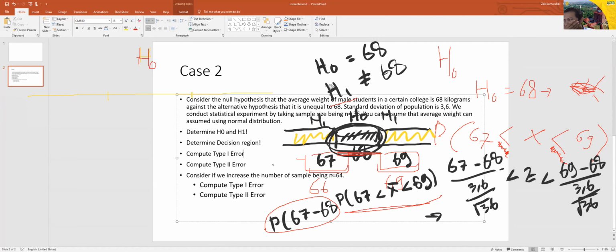So it's about minus 1.6. Wait, sir. 69, 0.6. Why is it the same? Minus.